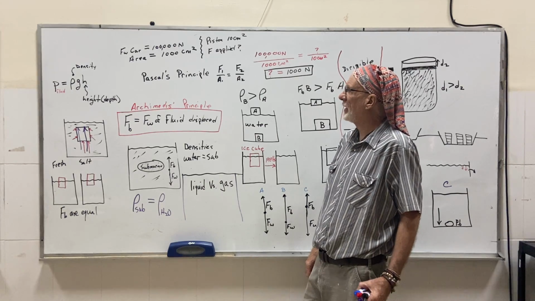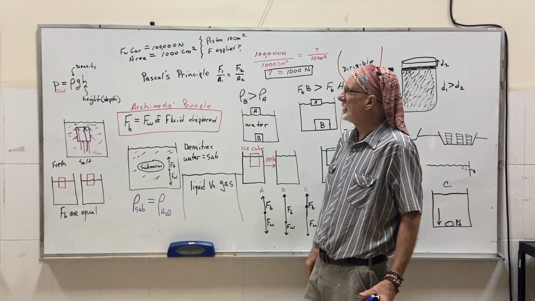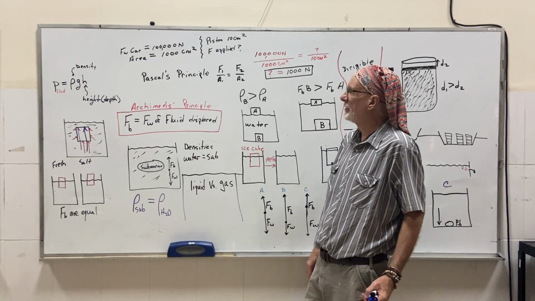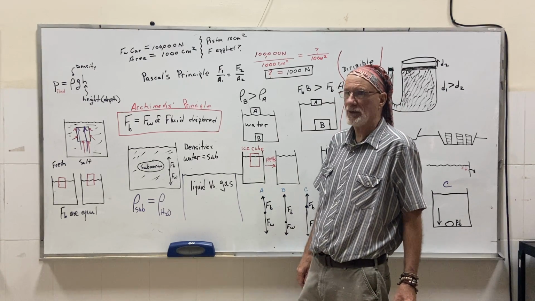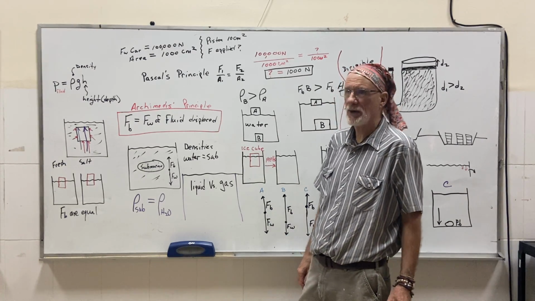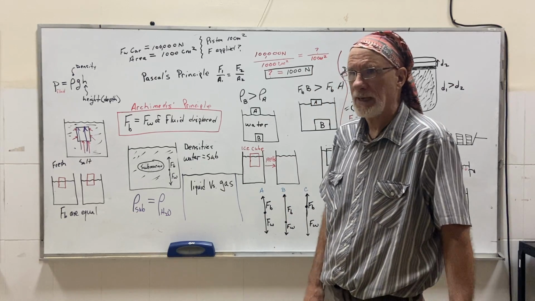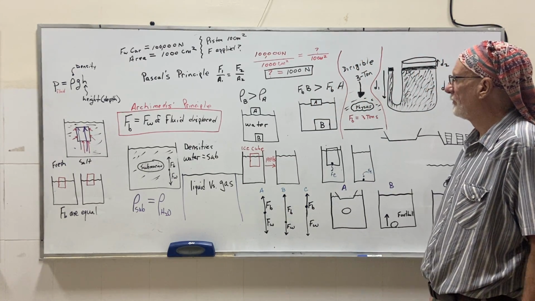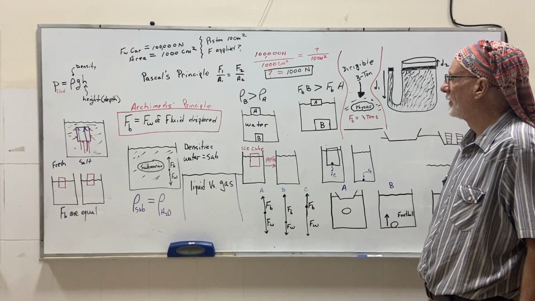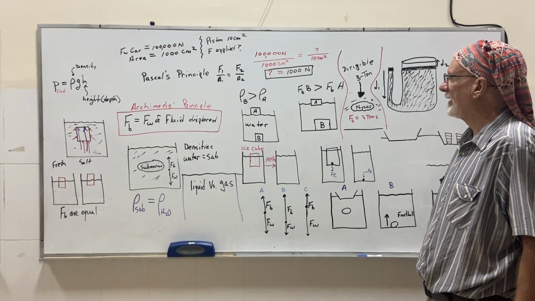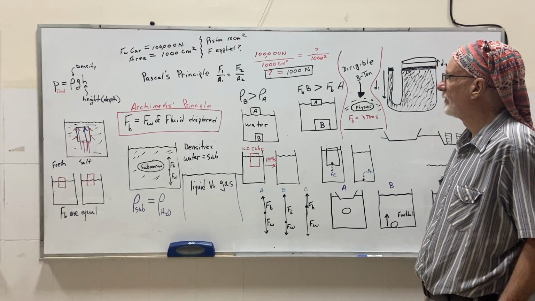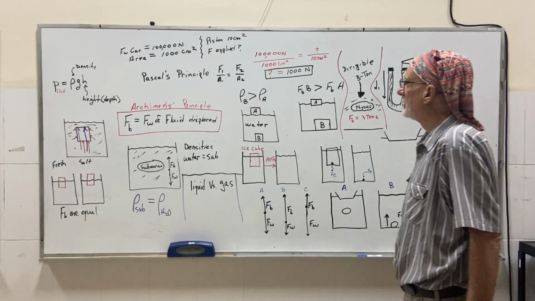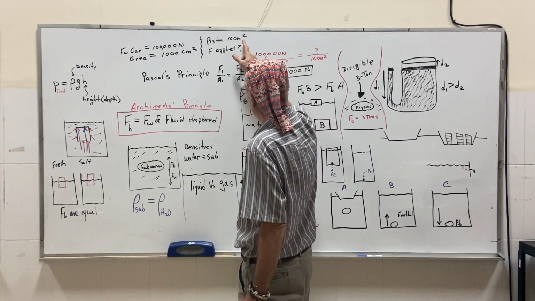And let's say it's sitting on an area of 1,000 square centimeters. Okay? Now I have a piston of 10 square centimeters.